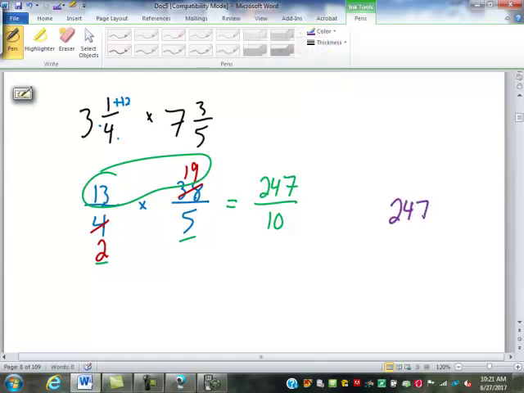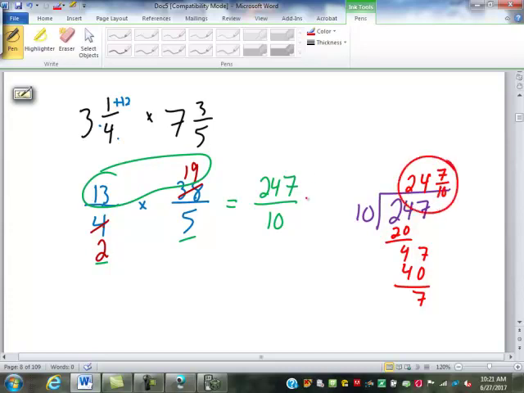Now, many of you can probably do this in your head, but I'm going to write it out. 247 divided by 10. 10 goes into 24 twice. That's 4 left over. Bring down the 7. 10 goes into 47 4 times. That's 40 with 7 left over. So that's 24 and 7/10 is our answer.